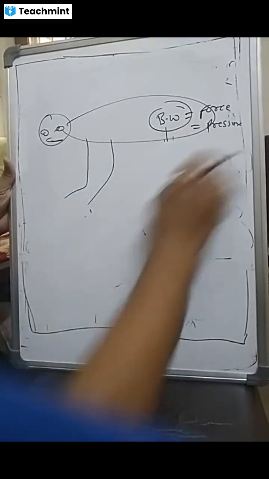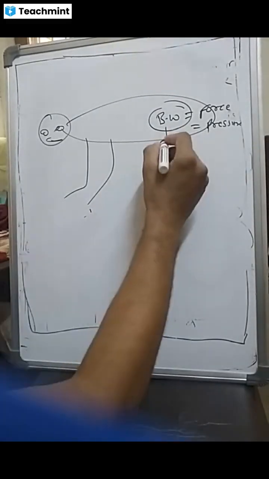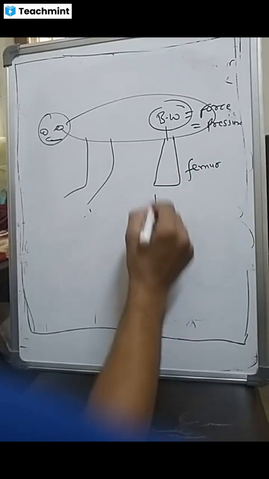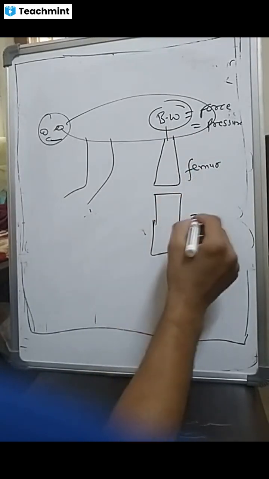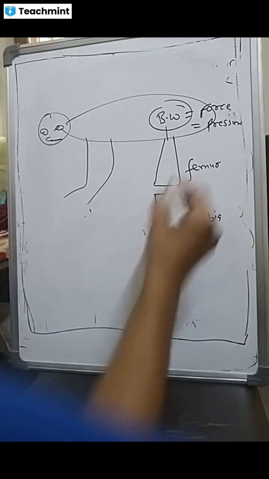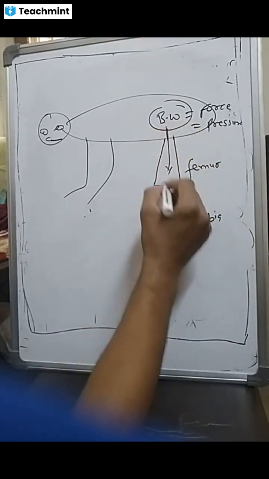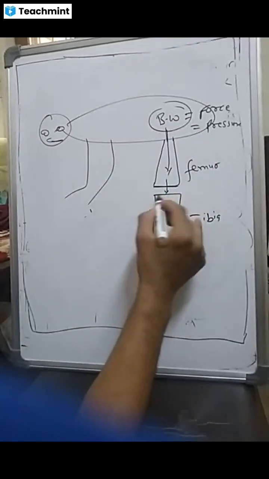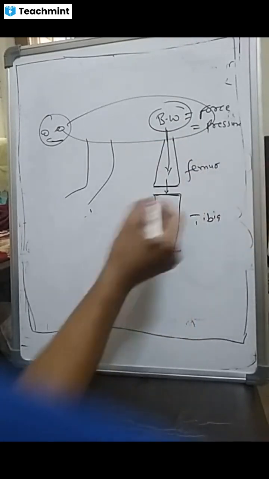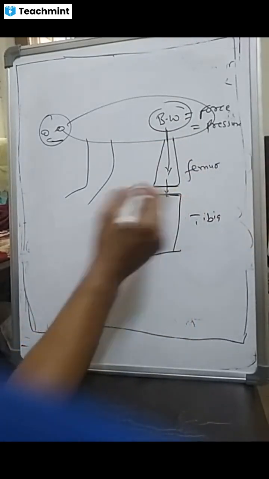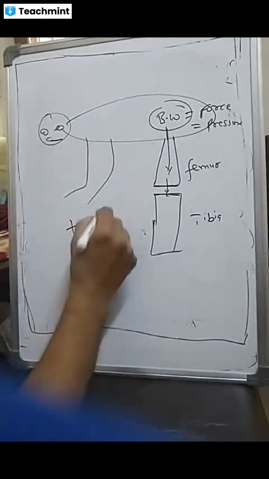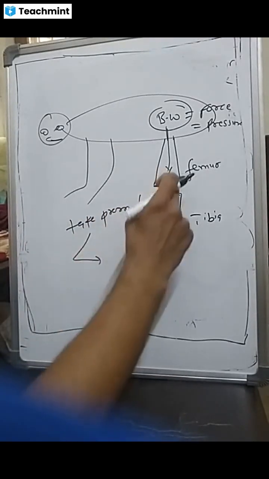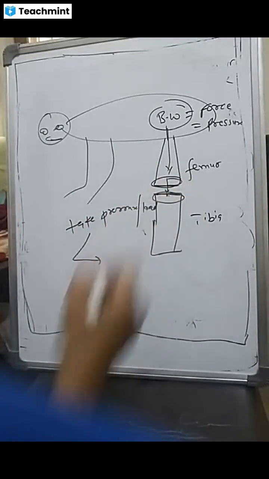So what is present at the joint? Take one example of the femur and tibia. The force or pressure is transferred from here to here. These two surfaces which take the pressure or load are the ends of the bone.